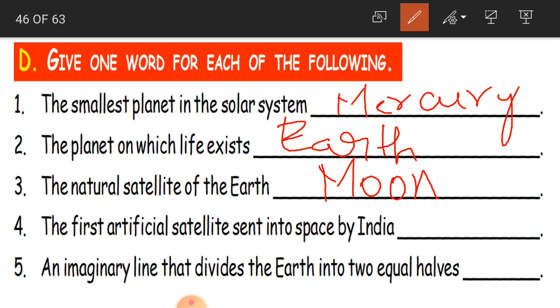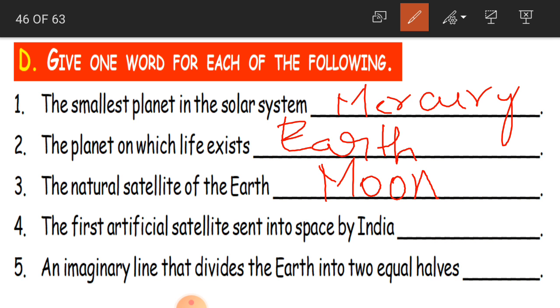Now, the fourth one: the first artificial satellite, sorry, the first artificial satellite sent into space by India. People have invented artificial satellites, children, and the first ones were invented by foreigners.